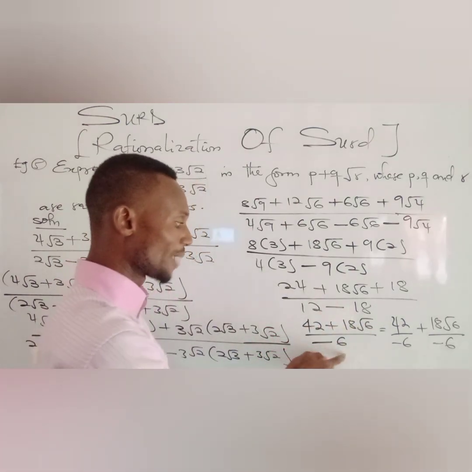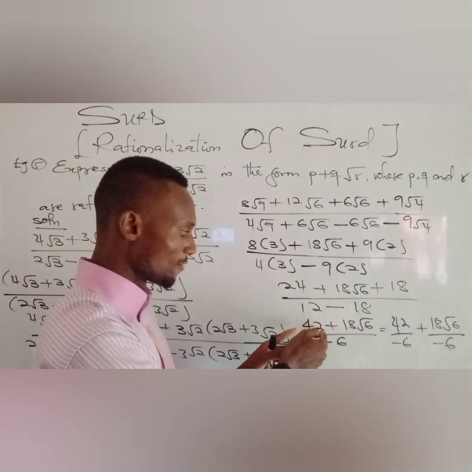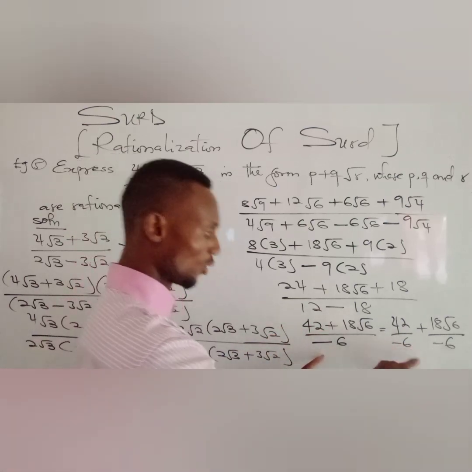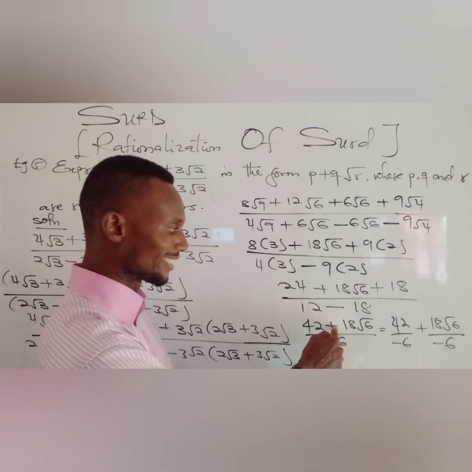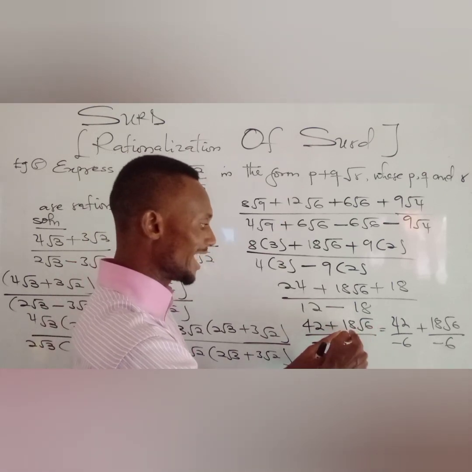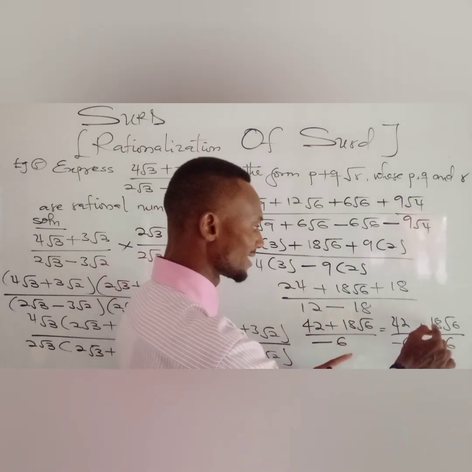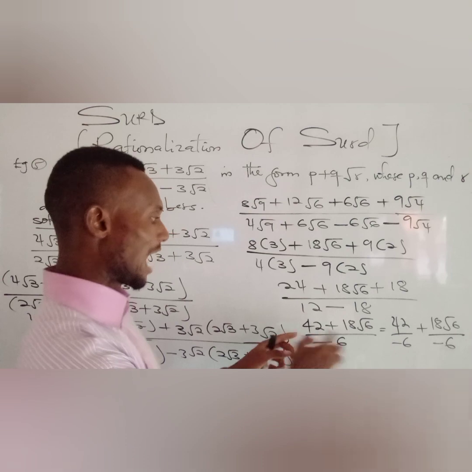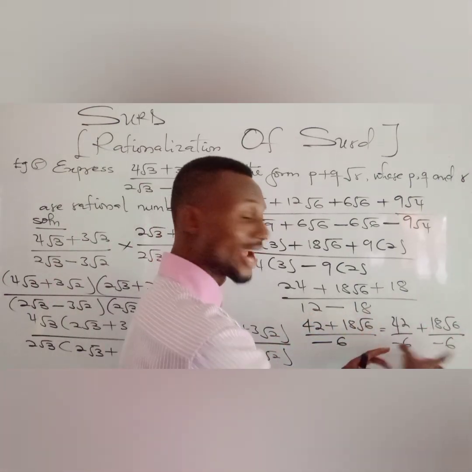So this minus 6 affects the 42 here, so we can write it as 42 over minus 6. Plus, you bring your plus sign here, and this minus 6 also affects the 18 root 6 here, so plus 18 root 6 all over minus 6.